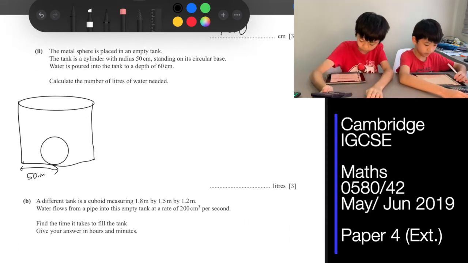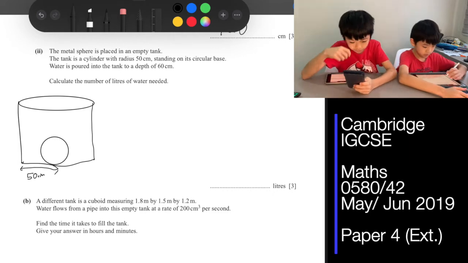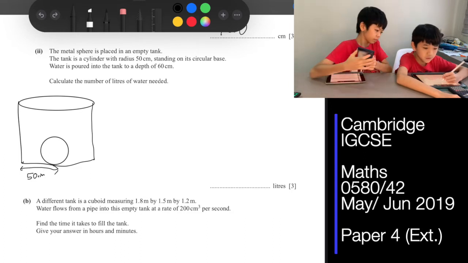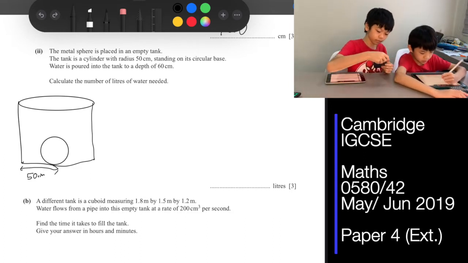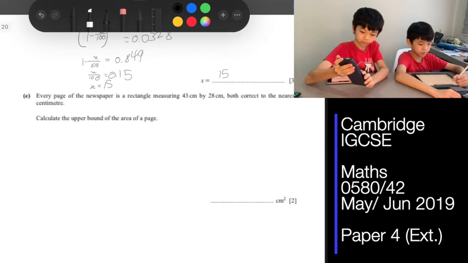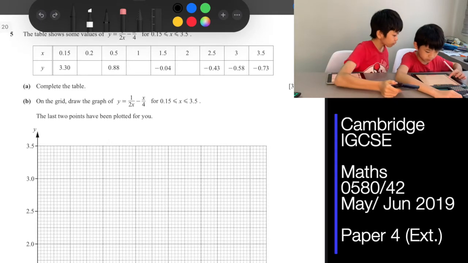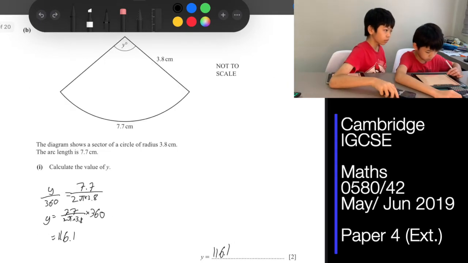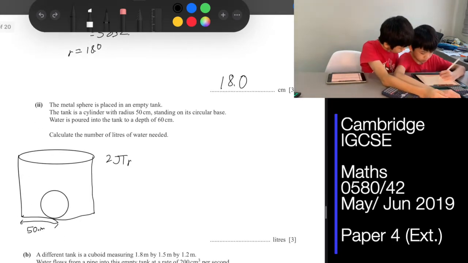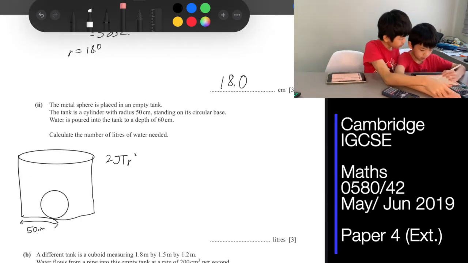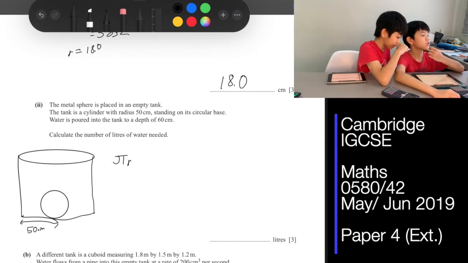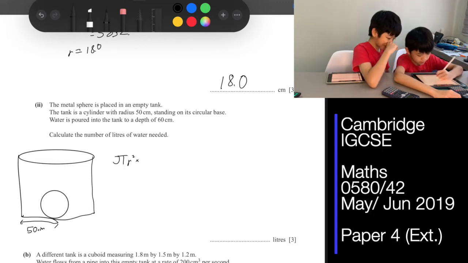So the volume of the cylinder is, there's no fraction, is pi r cubed? Pi r squared, 2 pi r squared. Pi r squared times h.